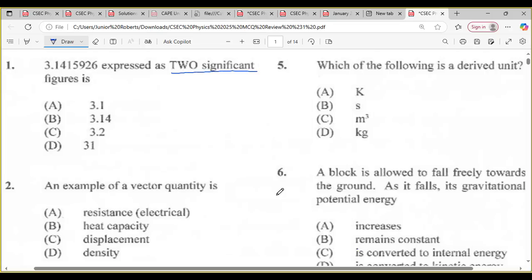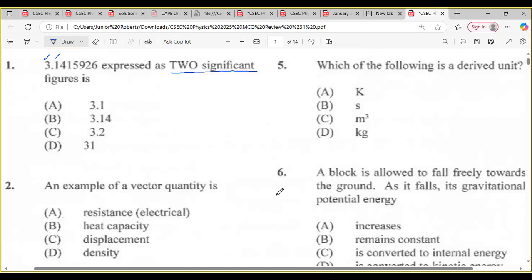So how we do that is we start from our left most significant digit, and in this case, everything is significant, so we can start with the left digit. So we're going to see that 3 is significant, right? And as we continue, after the decimal point, we see we have 1. 1 is significant, so we have these two as two significant digits.